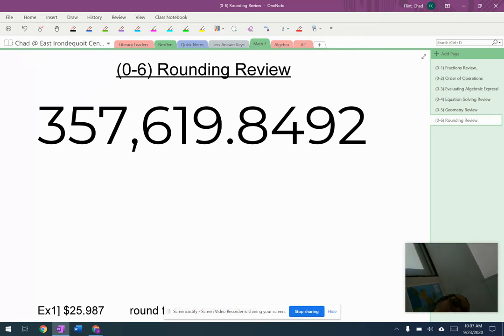So if we start right at our decimal point, that 9 is in which place value? That 9 is in the ones place value. The ones. After the ones comes that tens place.